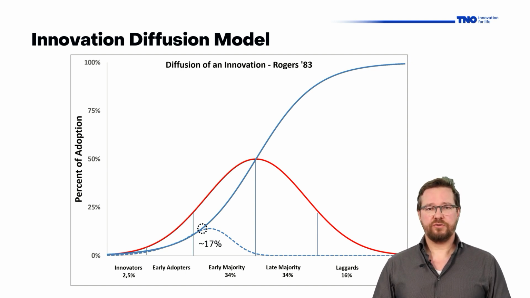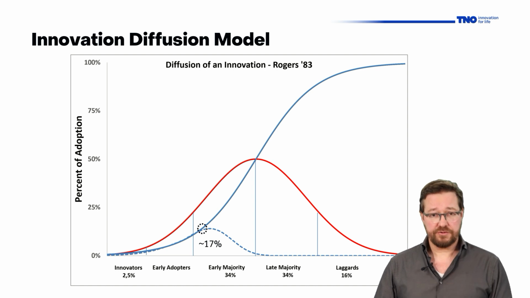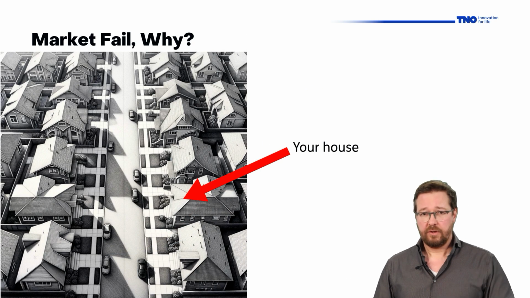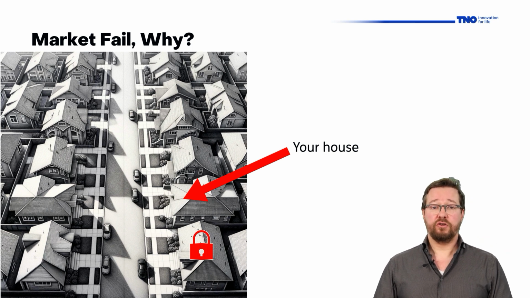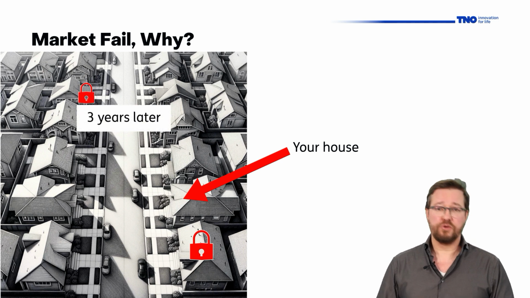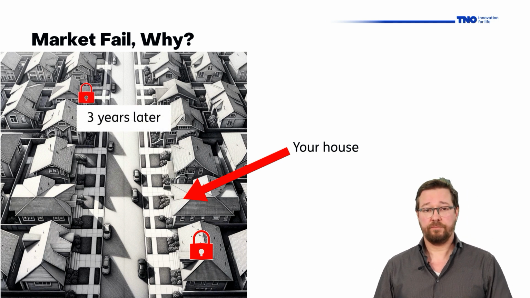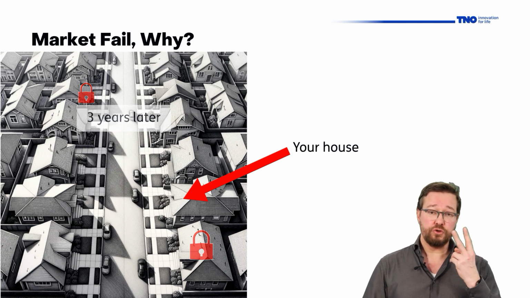Let's go back to the example of an innovative lock both your neighbors installed. Imagine two scenarios. One: your left neighbor installs a new innovative lock. For the next 3 years nothing happens, and then somebody across the street, 3 doors down the right, also installs that new lock. Or scenario 2.